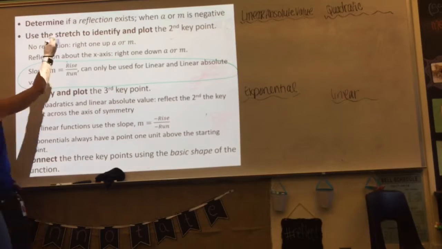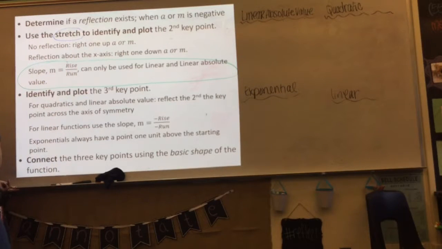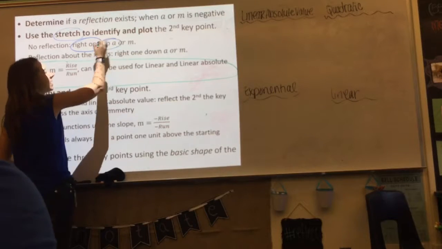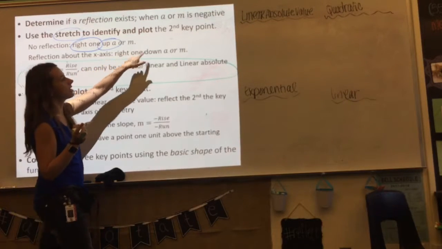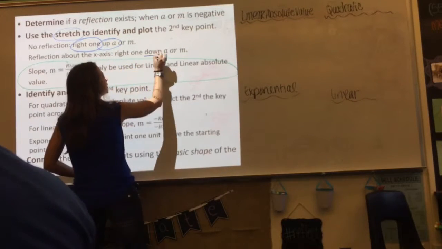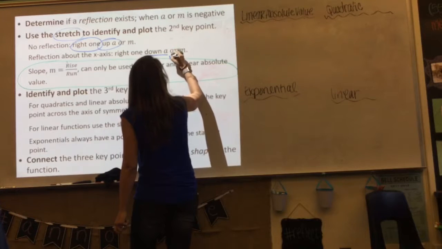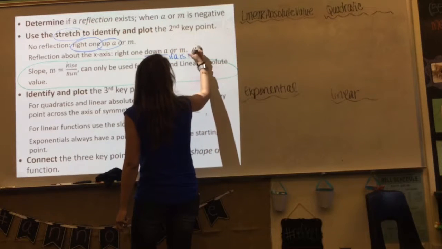Stretch, good. So with stretch, we always go where? Right one. Okay? And then we go up the A. If it's negative, then we do what? We still go right, but we go down if it's negative. So I'm going to write that down: if A is negative.